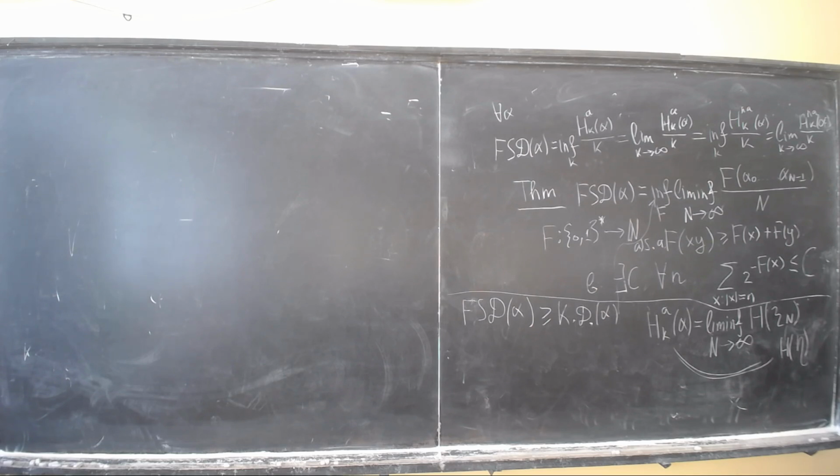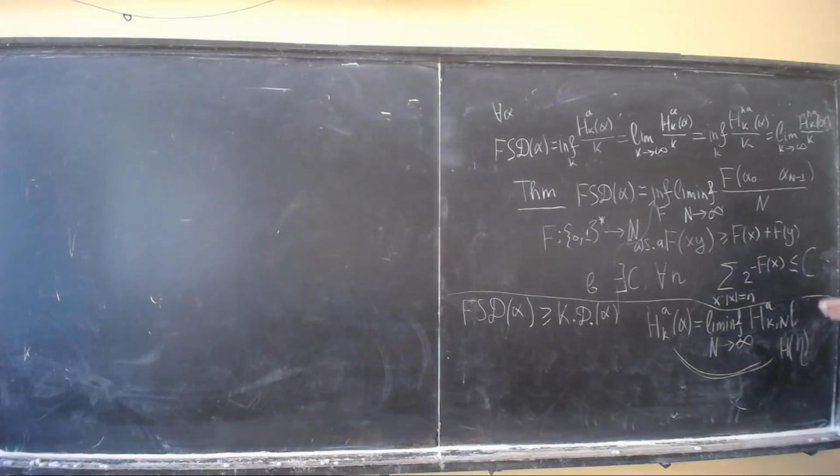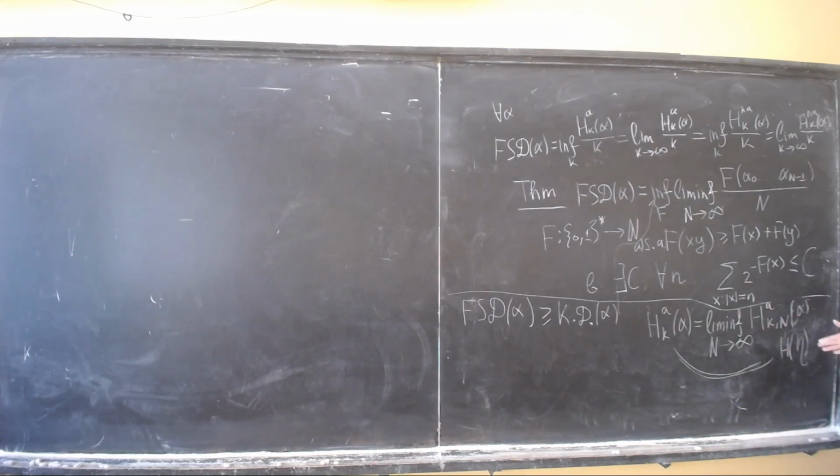I want to recall my definition and my notation: I denote the entropy which I was talking about, of the first n aligned blocks, by this thing.